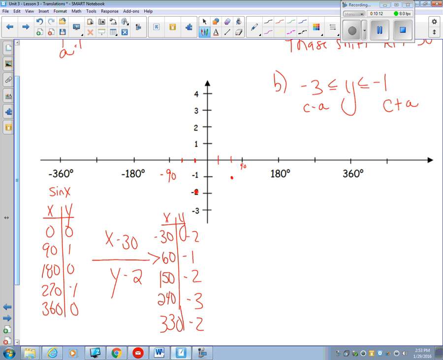So this is 90, 120, 150. 150 and negative 2. Okay, 240. So it's 210, 240. 240 and negative 3. Okay, and this is 270, 300, 330, 330 and negative 2, about there in my graph. Looks like that. Okay, and that takes us to drawing some transformations.